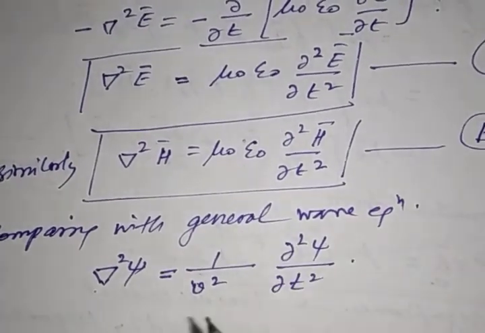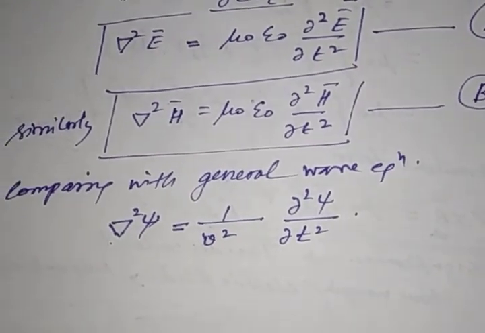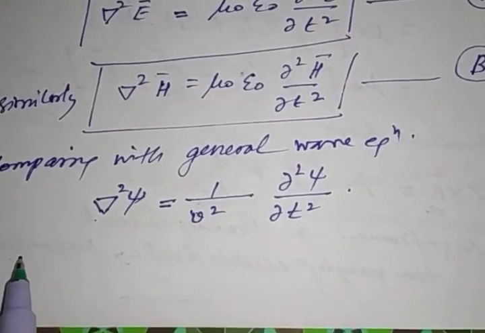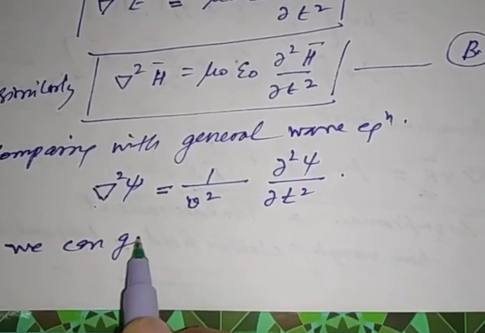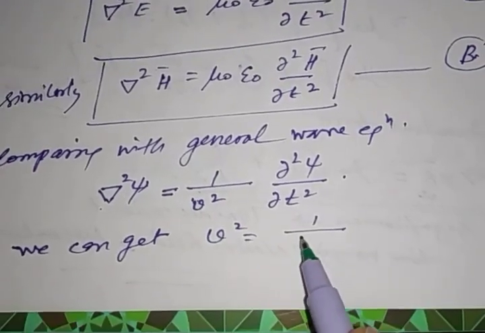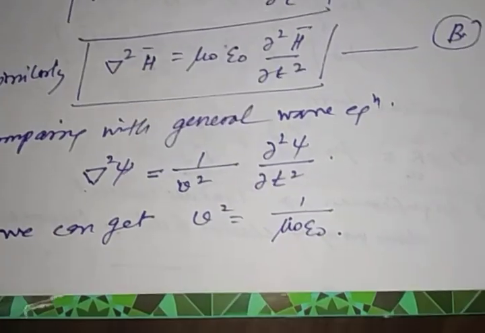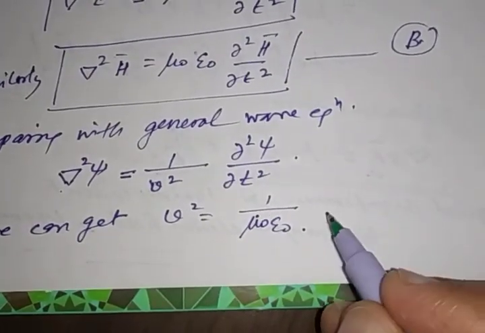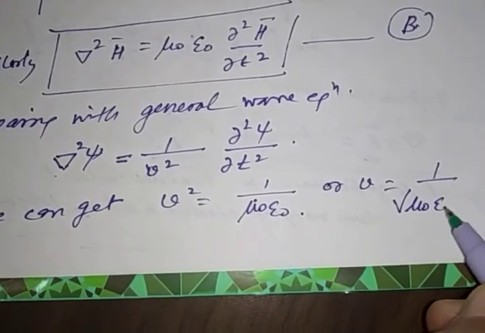So if we compare this with either equation A or B, we can find that v square is actually 1 by mu naught epsilon naught, or v is equal to 1 by under root mu naught epsilon naught.